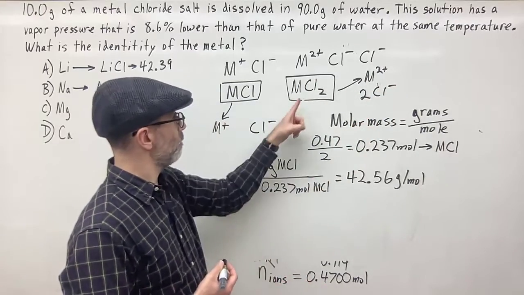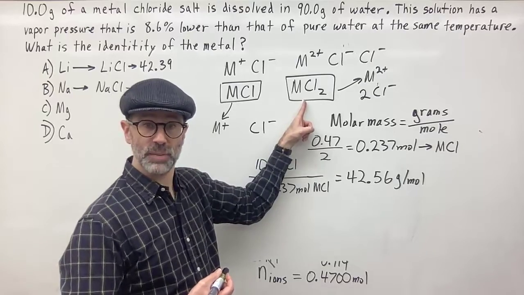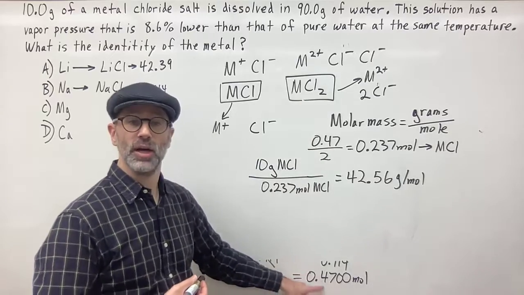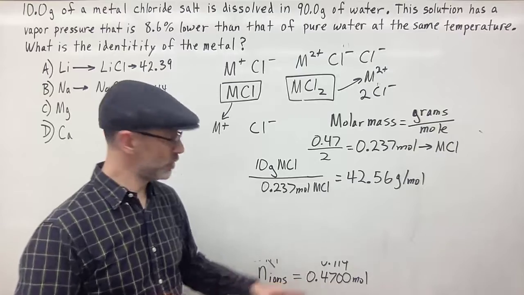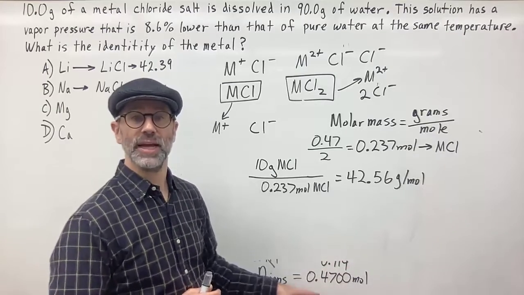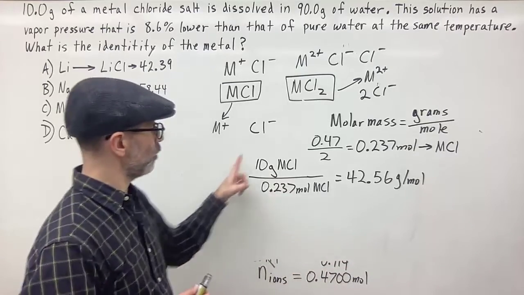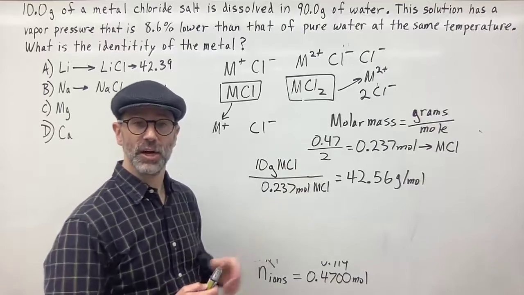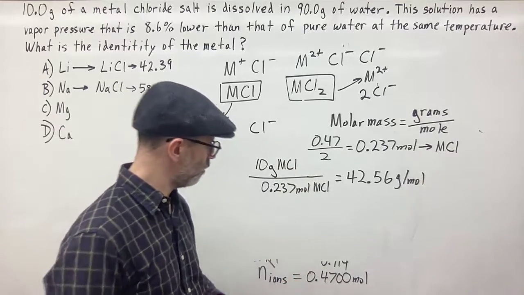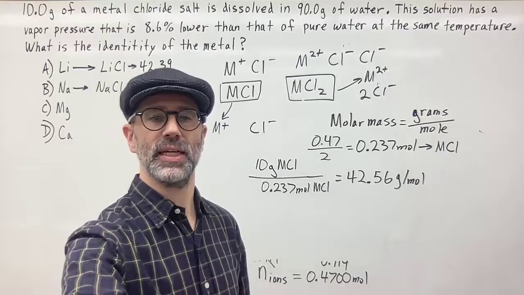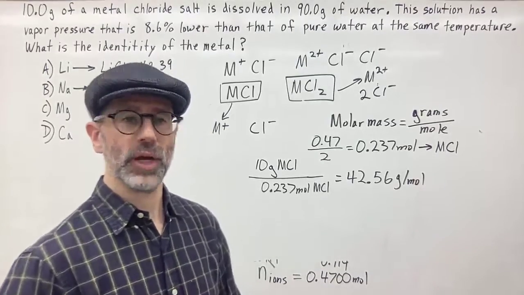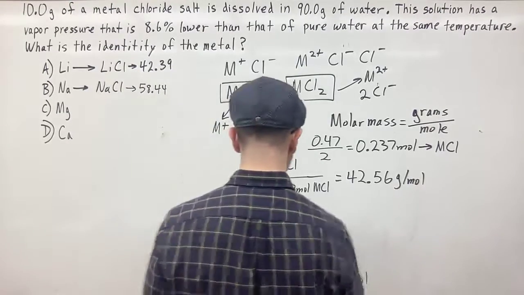So the moles of the original substance would be 1/3 of the 0.47. So we need to take 1/3 of this and then use that to calculate the molar mass like we did here. So 1/3 of 0.47 is 0.1566.